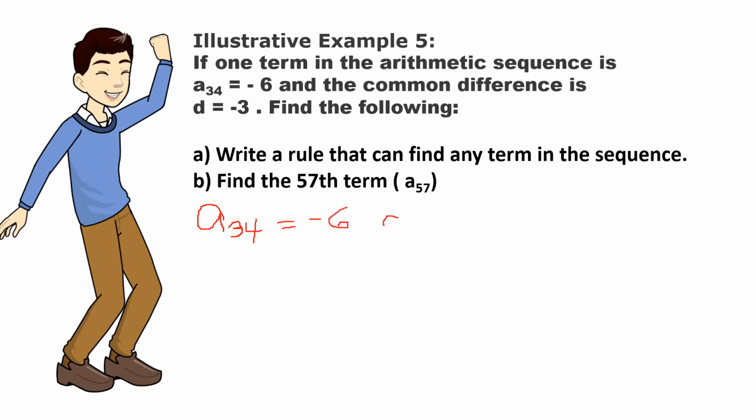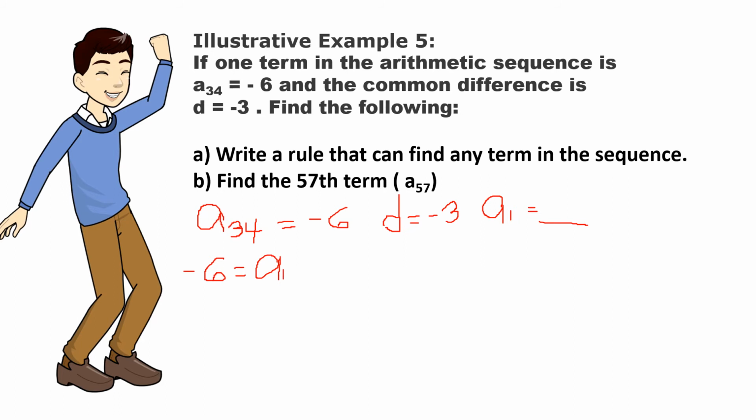Then the difference is negative 3. So dito, dapat ma-solve muna natin what is the value of our first term or a sub 1. So we have negative 6 para sa ating A34. Negative 6 equals a sub 1.